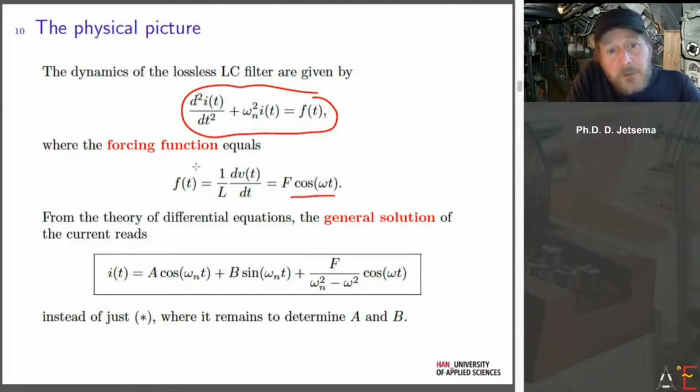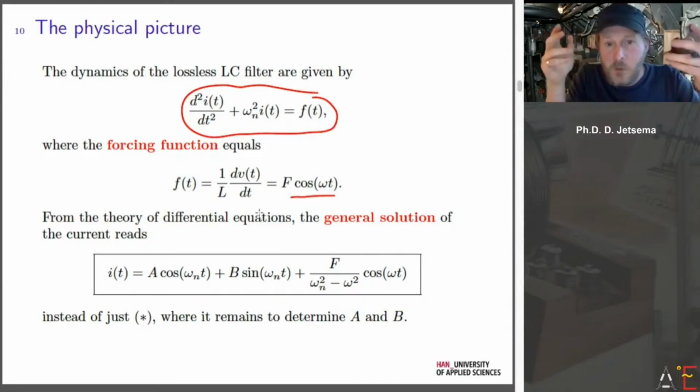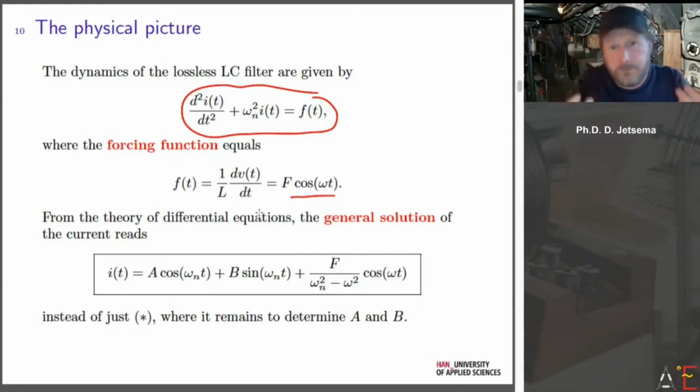Now from the theory of differential equations, and keep in mind what I said in the first session, phasor algebra has the advantage that you can avoid solving differential equations, but you have to be very careful. But let's look at what happens. The general solution of a system like this is given over here.